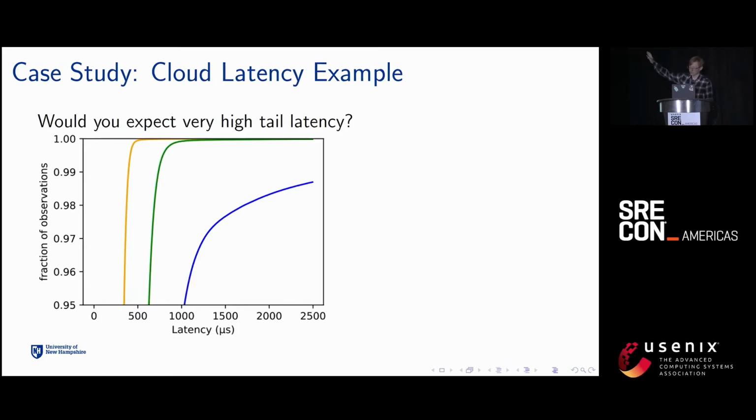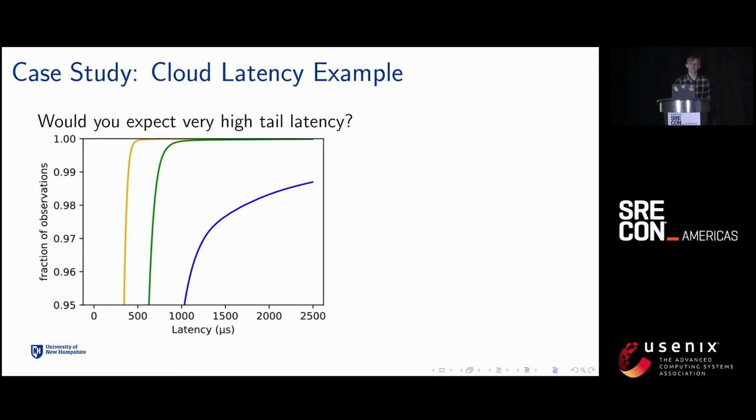So this figure right here shows essentially the distribution of the latency, right? The CDF. And I'm showing the top 5% of observations. And in this blue cloud, which I'm not going to name, the 95th percentile latency was more than a millisecond.